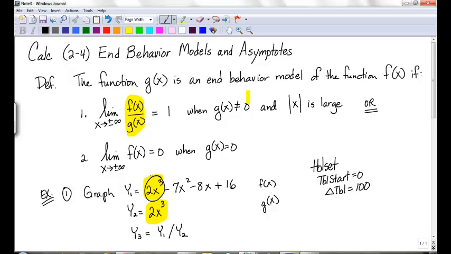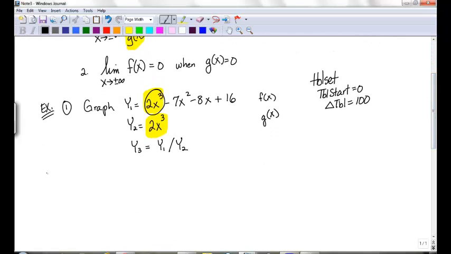Now, they also give you a theorem. Theorem 11 says if f of x, and they write it out in a polynomial form, f of x equals a sub n x to the n power plus a sub n minus 1 x to the n minus 1 plus, and show 3 dots to show that we left out several terms.